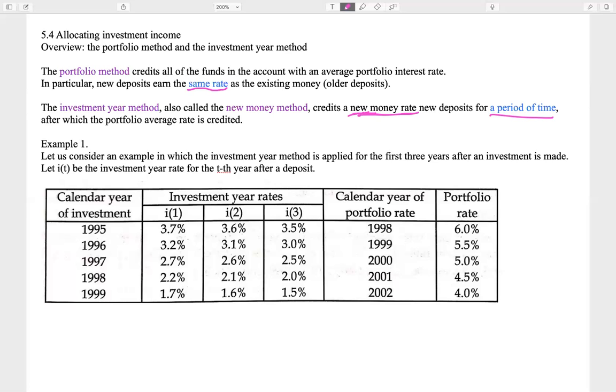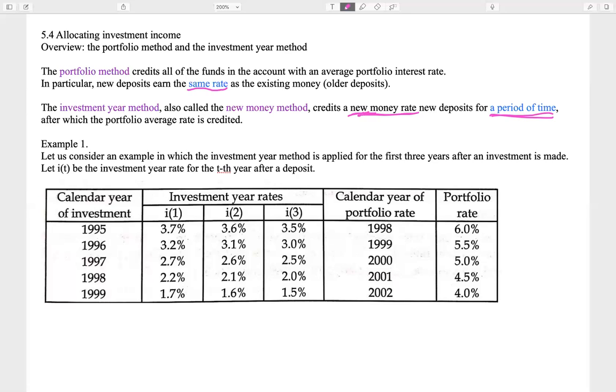By the definitions, we easily see the difference between these two methods. Under the portfolio method, there is no discrimination, so any money in will get the same rate. The investment year method, or new money method, is different in the first couple of years, a certain period of time. For this period of time, the new money will receive a different rate.